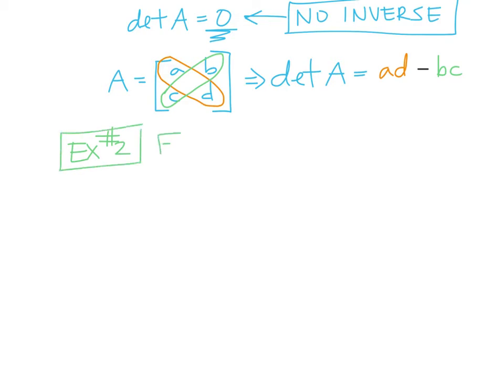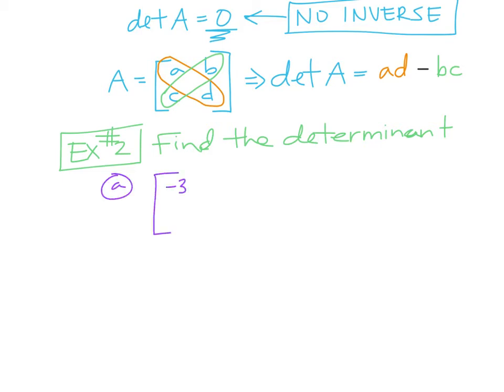So example 2 is find the determinant. Okay, so here's your first setup. Let's say our matrix is -3, 4, 2, and -5.